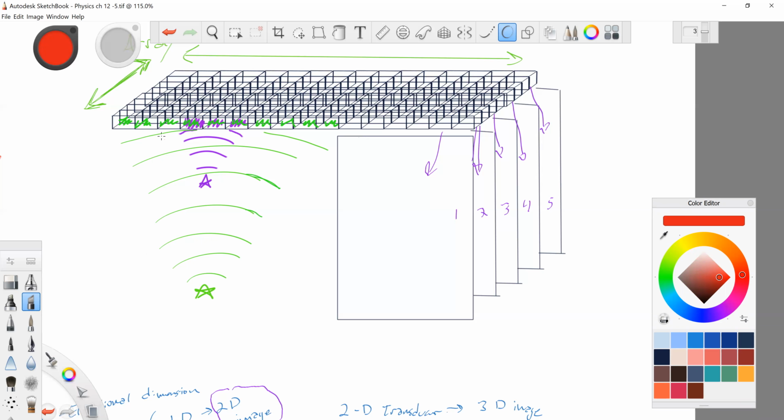Let's say the red elements, I'll paint the top. There we go. These elements were stimulated to create the sound wave, or the sound beam, for the green.